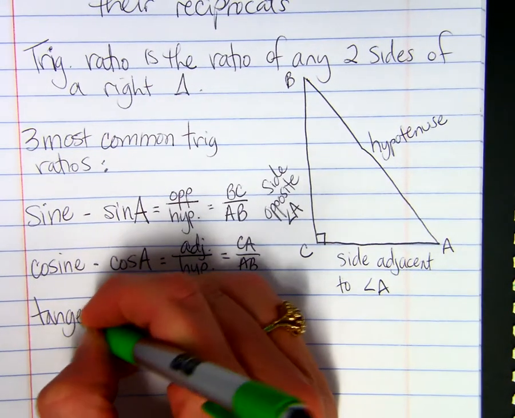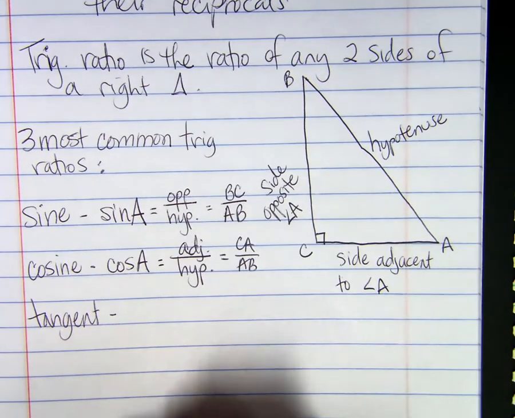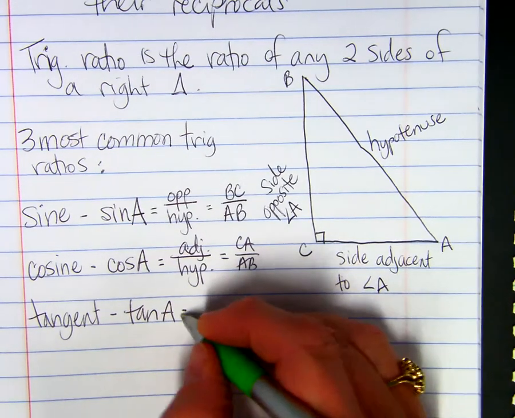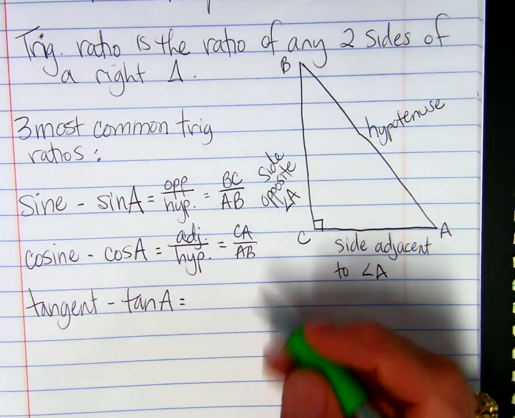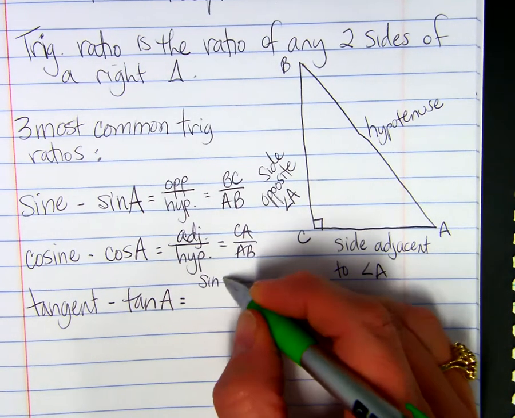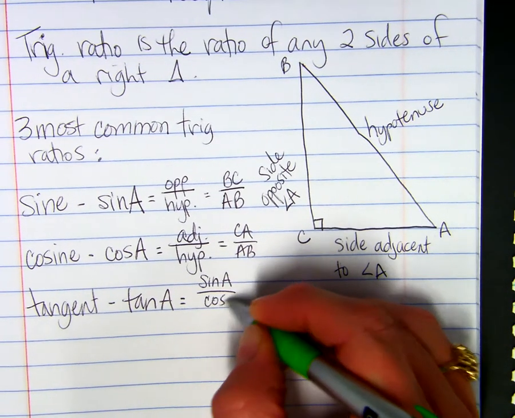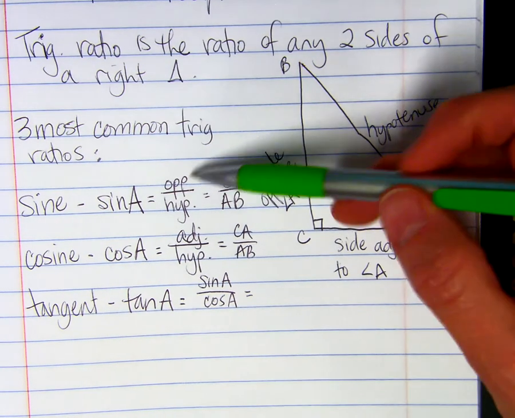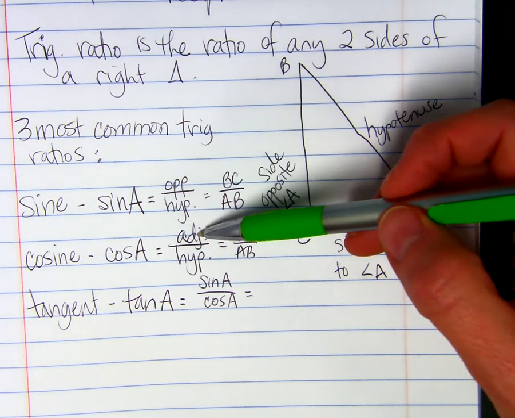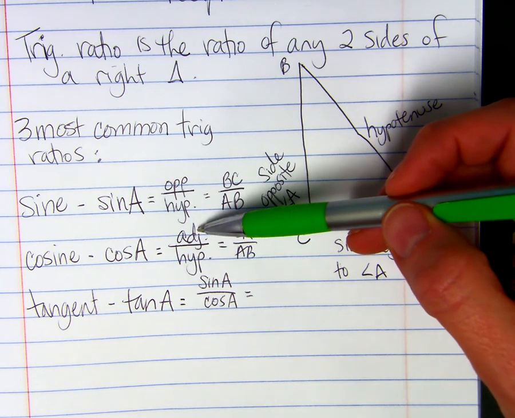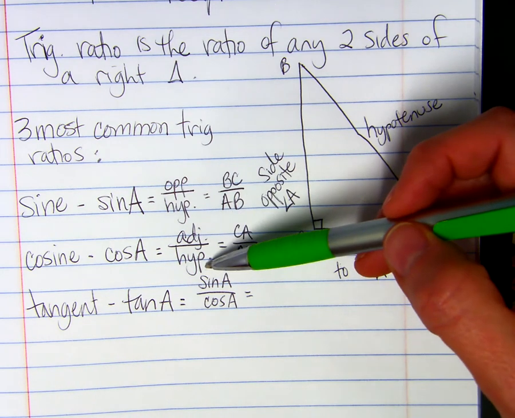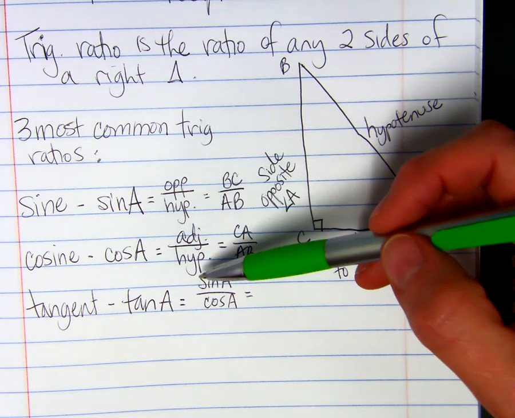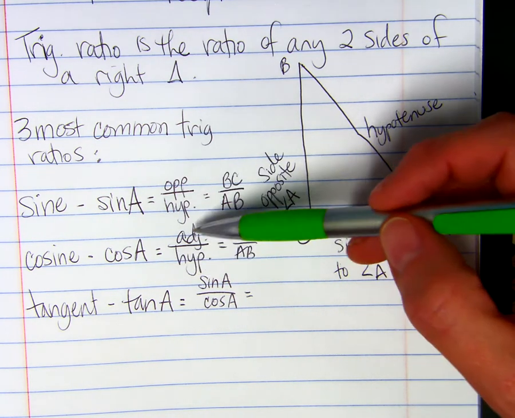The tangent, we shorten to TAN. And that is actually equal to the sine divided by the cosine. If you take your sine, opposite over hypotenuse, and divide it by adjacent over hypotenuse, remember when we divide fractions, we keep it, change it to multiply, and then flip this one.